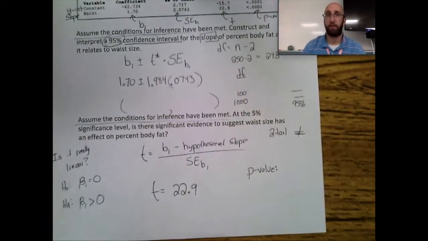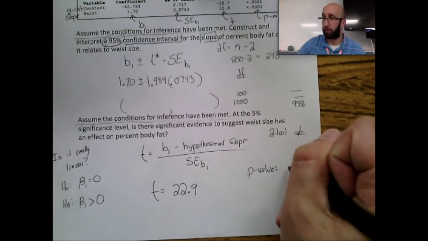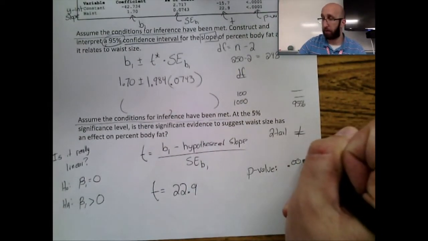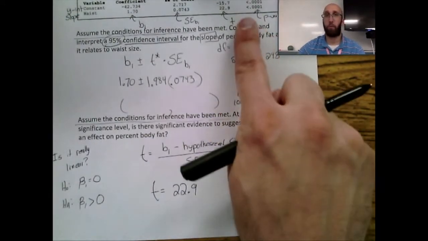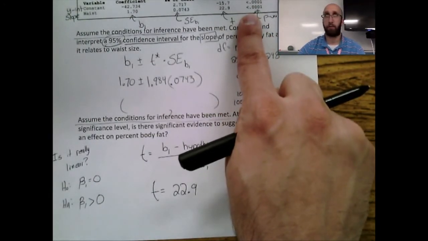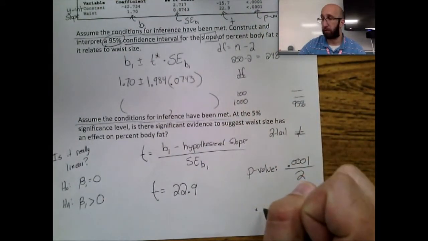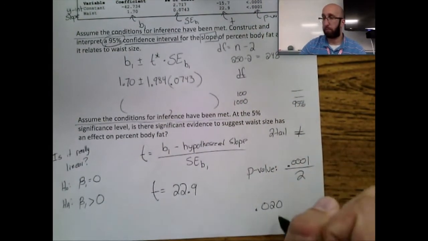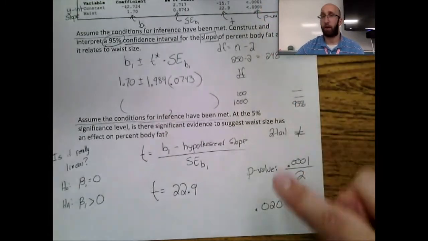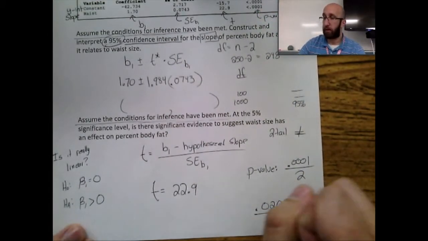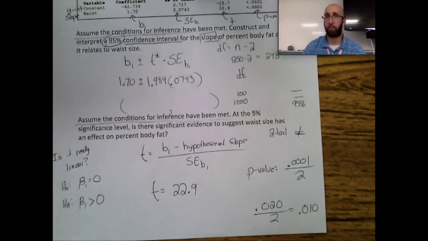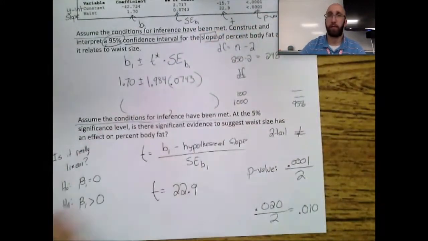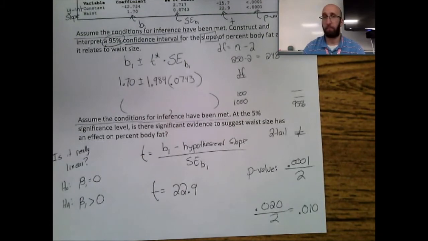So what we would have to do is take our p-value, it's smaller than 0.001, and divide by 2. So if I had a more firm p-value here, so maybe someone told me, hey, the p-value is 0.020, that would be the p-value of a two-tailed test. Since we're doing a one-tail, you got to divide it. It's 0.010. Okay, so p-value, t-score, everything there.